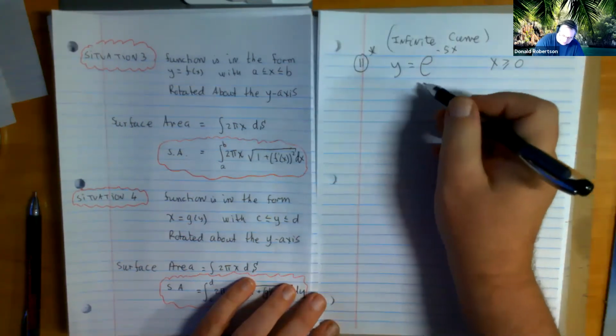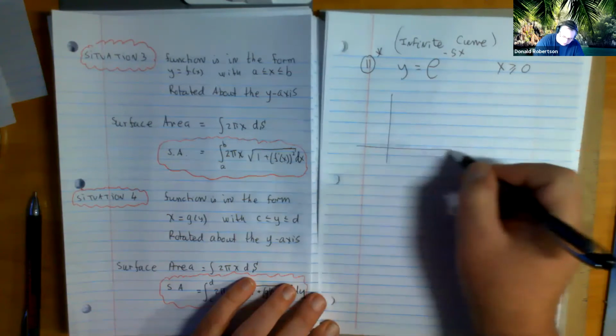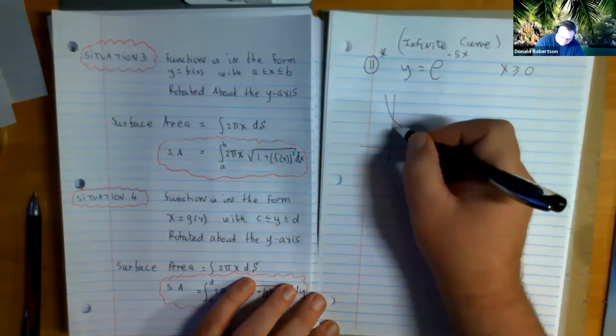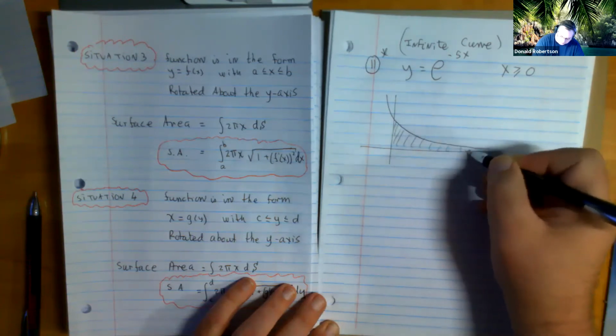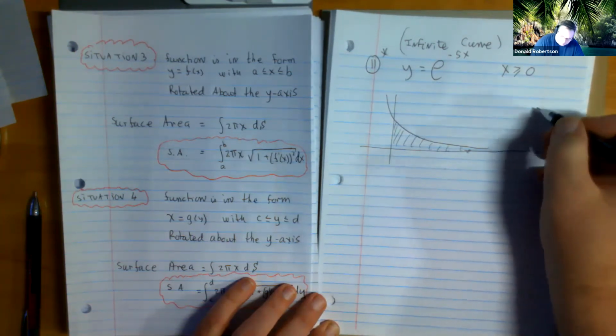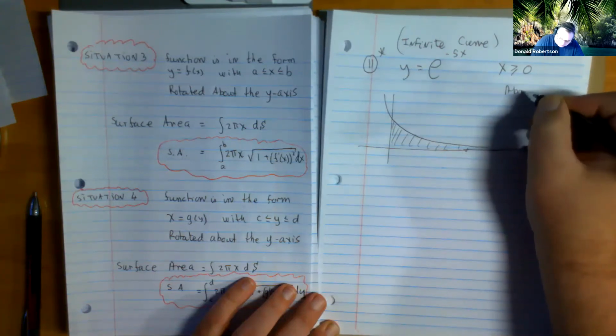We're going to rotate an infinite curve, which by the way, it looks like this. And we're going to do it from 0 to infinity. So it's basically this guy. It's going to be rotated about the x-axis.